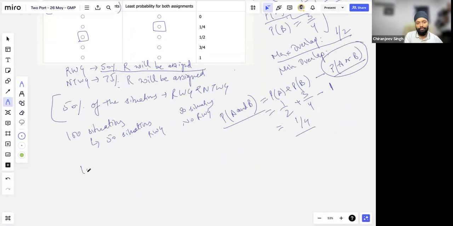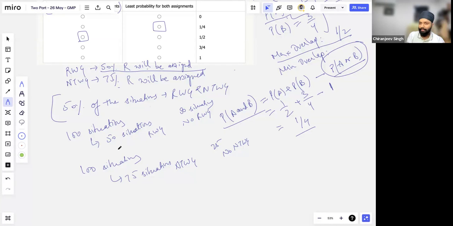And again 100 situations में से 75 situations में, सिचुएशन तो सेम ही 100 ही है, राइट? जो भी लाइफ की सिचुएशंस है, एनटीडब्ल्यूजी, और 25 में नो एनटीडब्ल्यूजी। दिस इज व्हाट वी आर गिवन, राइट? Yeah.